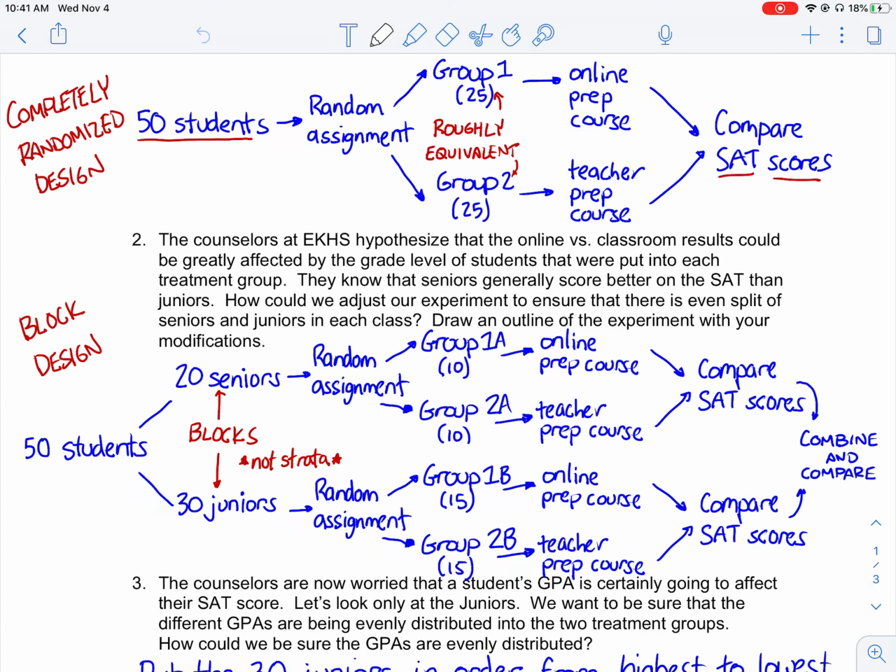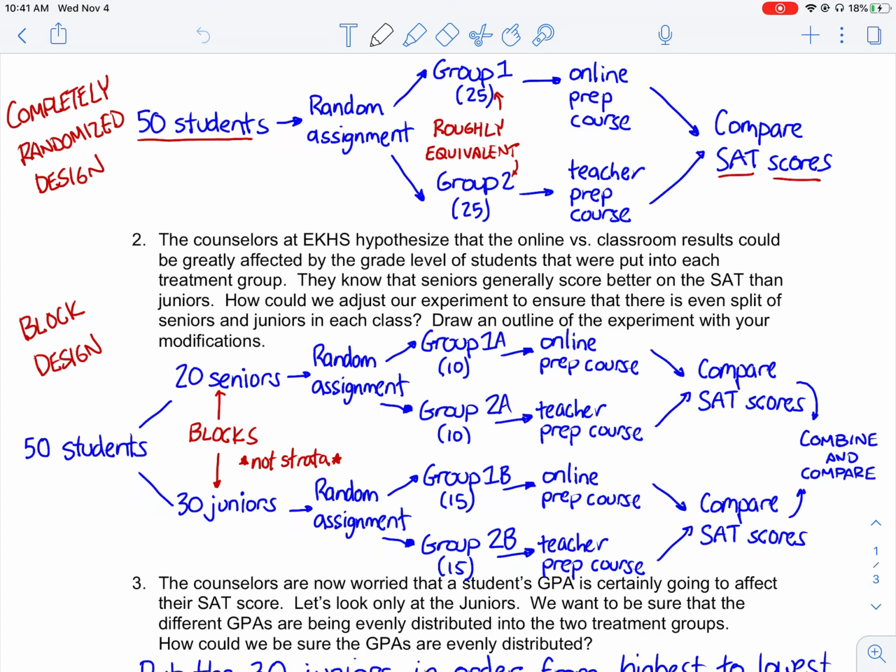This is called the matched pairs design. Good. We'll have more examples of matched pairs designs later on. Now, here are our important ideas. Block is the same as strata, but strata is used in an observational study, and block is used in an experimental study. A block is a group of experimental units that are similar.